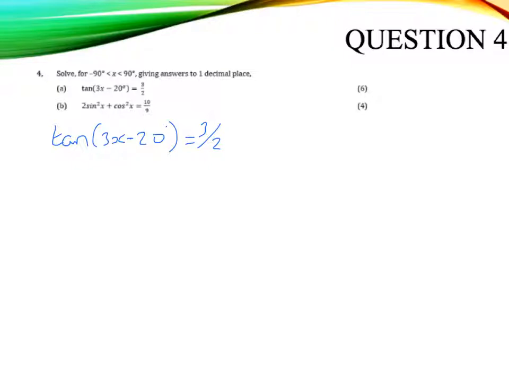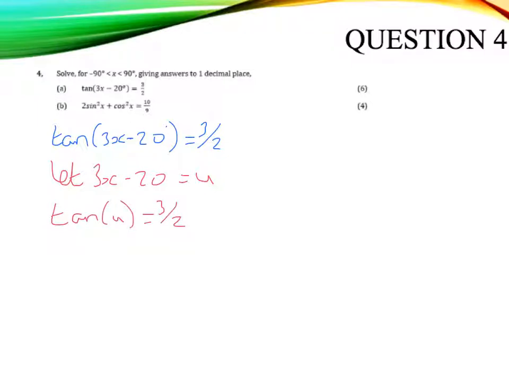Now if I do that, then the range of values that I'm interested in is going to change. So why not say let 3x minus 20 equal u. Then I'm going to work out what tan of u is.